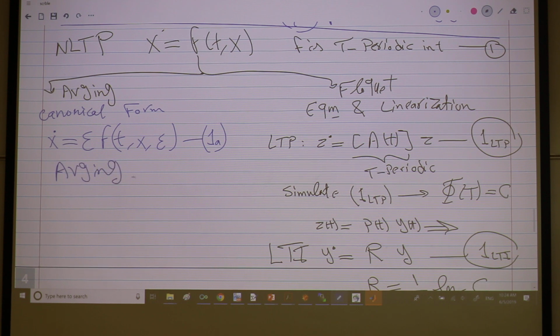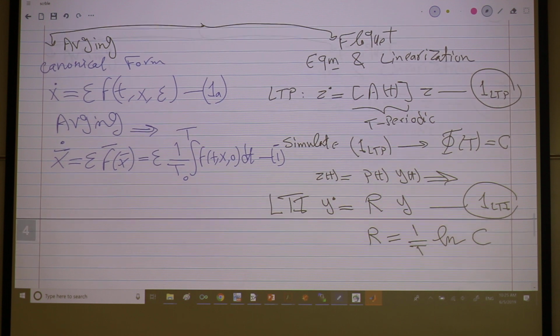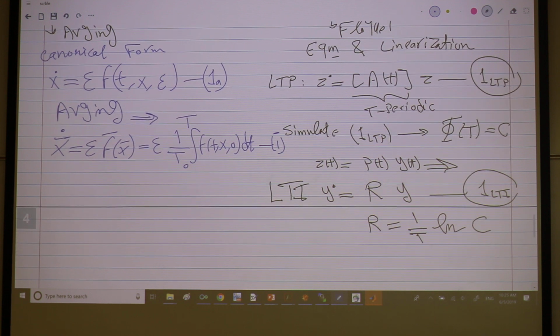When we apply averaging, what do we get? We get the average dynamics, x bar dot equals epsilon f bar of x bar. And this f bar is nothing but the average of f over the period. So this is the average dynamics. What is the relation?